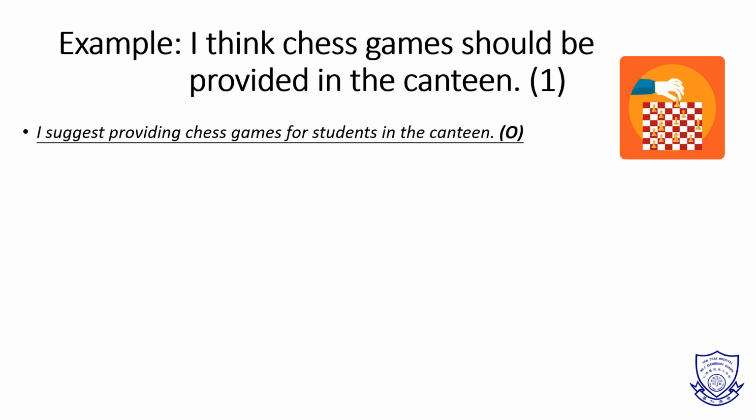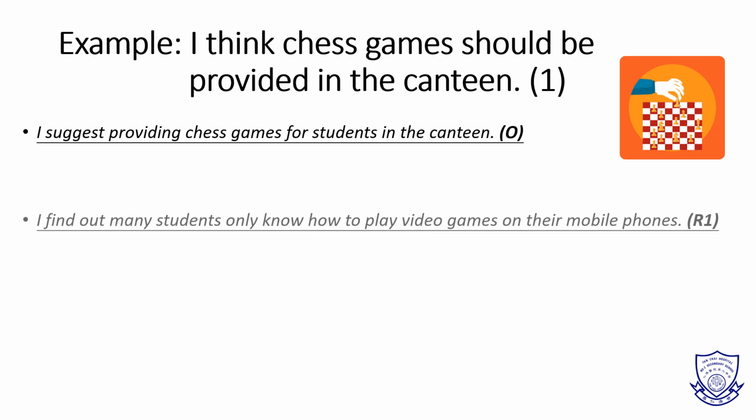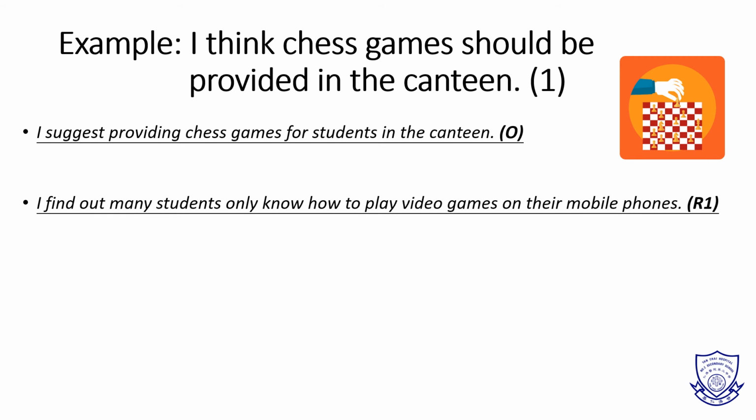So the very first sentence is, I suggest providing chess games for students in the canteen. I find out many students only know how to play video games on their mobile phones. This second sentence is the reason to support the opinion.